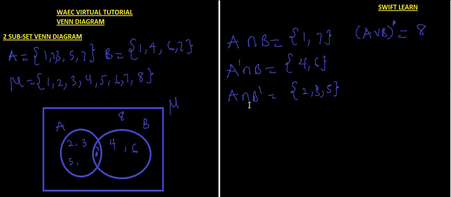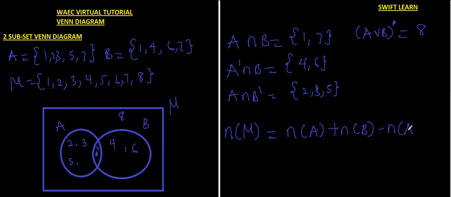Alright, before we move to solving our question, let's talk about something. When we have a word problem in Venn diagrams for two subsets, how do we solve the question? There's a formula. The cardinality of your universal set equals the number of A plus the number of B, the second subset, minus the number of A intersection B. We know that the number of A means everything that is here, including the part common between them.